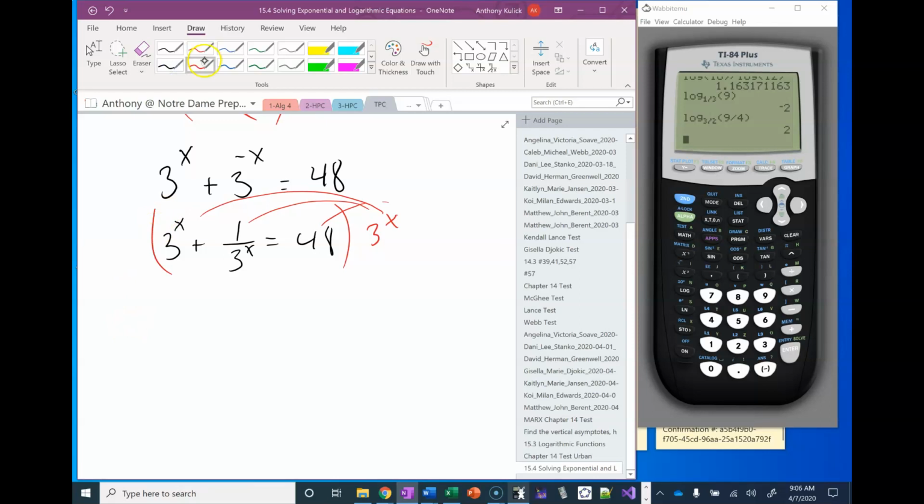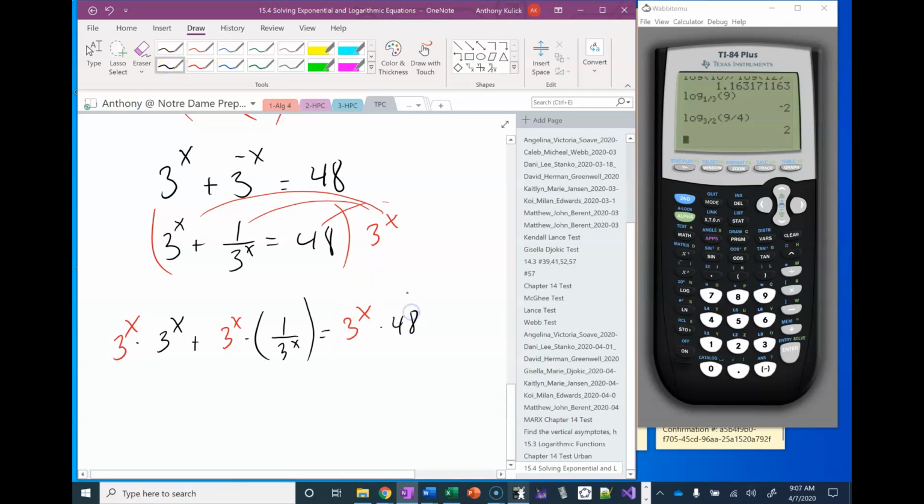So that's going to give me 3 to the x times 3 to the x plus 3 to the x times 1 over 3 to the x equals 3 to the x times 48.